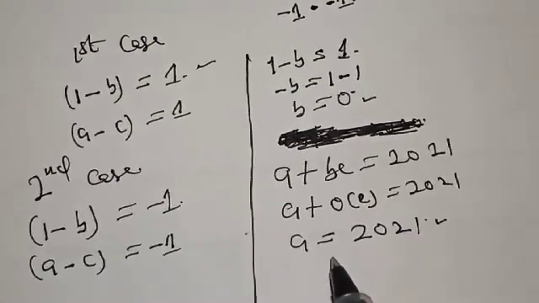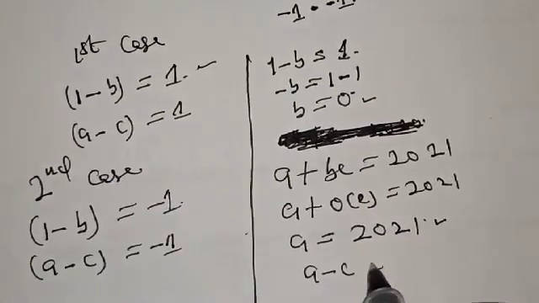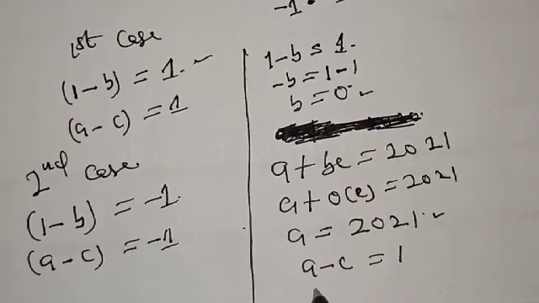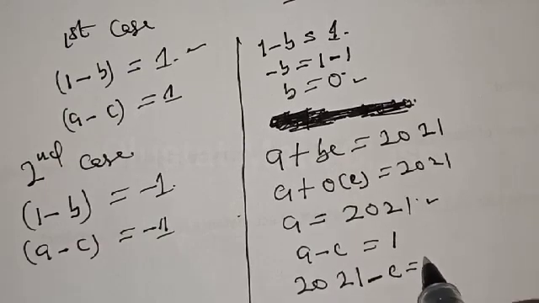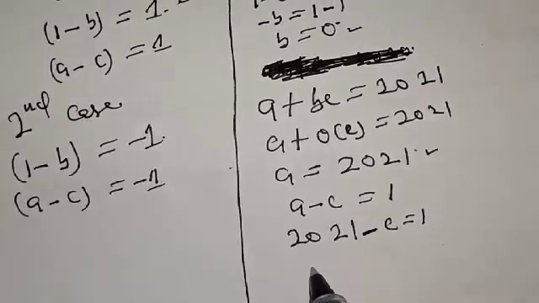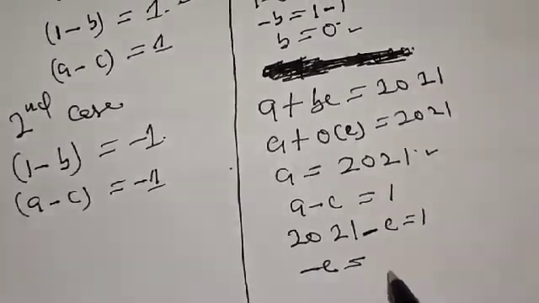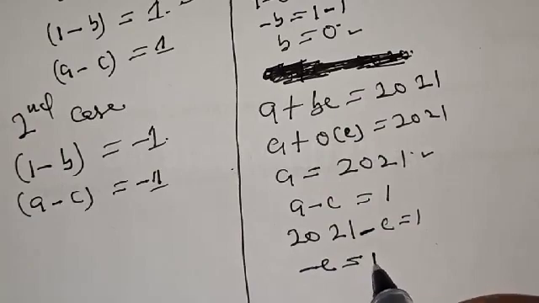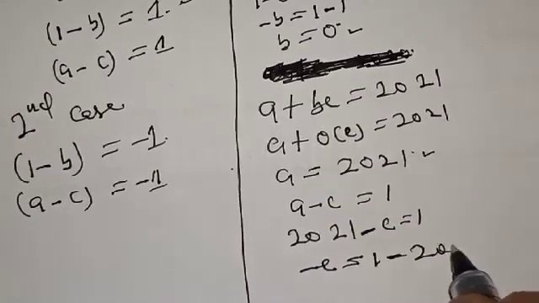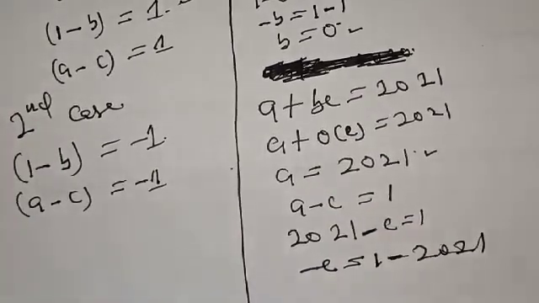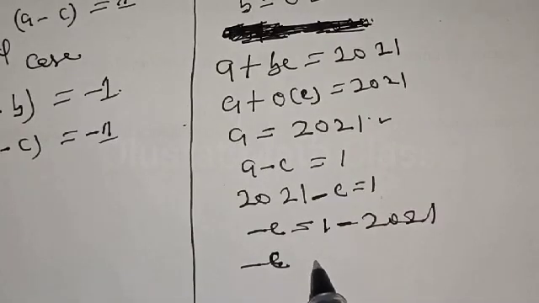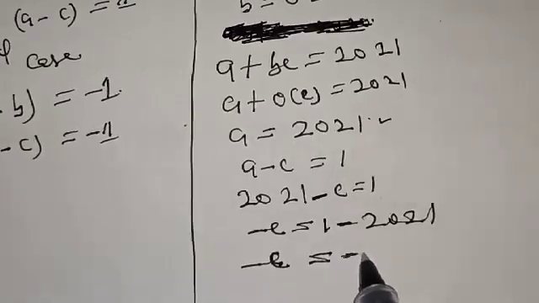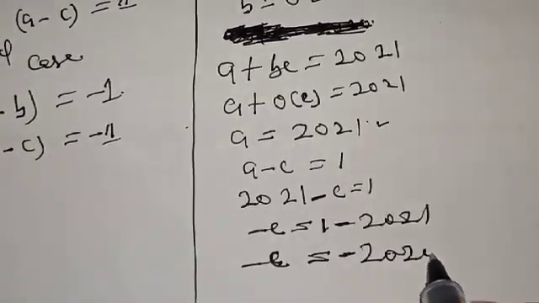In the first case, we have A minus C equal to 1. Then our A is 2021, so 2021 minus C equal to 1. Then minus C will be equal to 1 minus 2021. Then minus C will be equal to minus 2020.